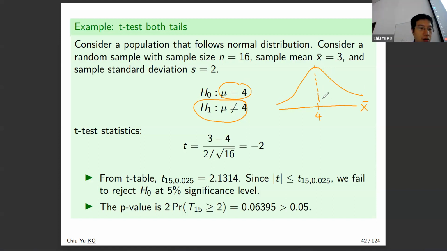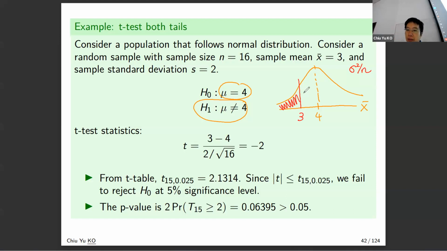And the question would be, if I know sigma over root n, then there's no problem. The question is where the 3 is here. And it's two-sided. We're asking how 4 is different from 3, and we want to know this area, whether the area is small or big.